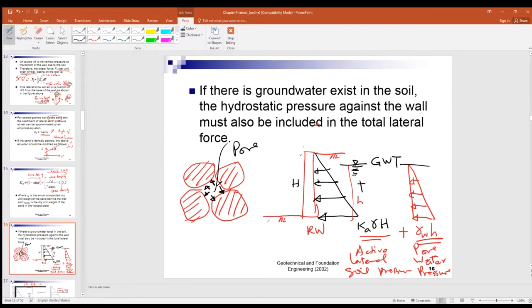And in the pores, in the voids, you have it completely filled up with the groundwater. And at a certain water depth, this water pressure could be very high, right? Pore water pressure.